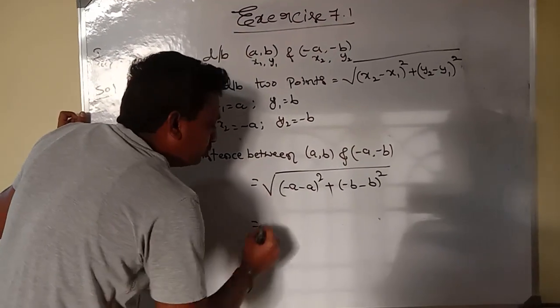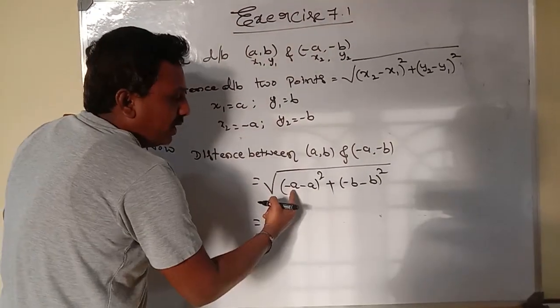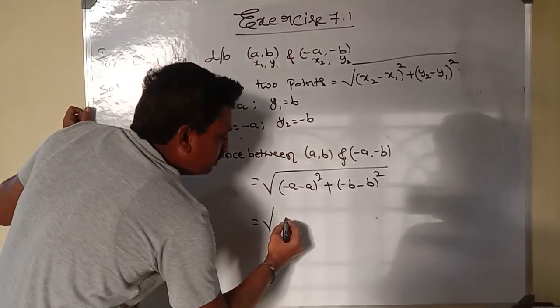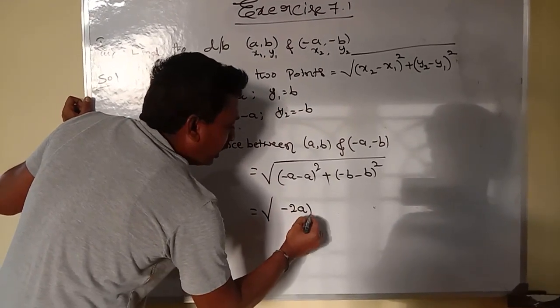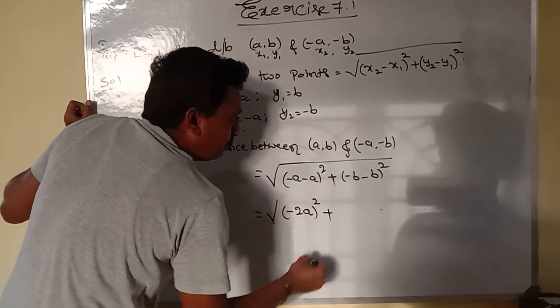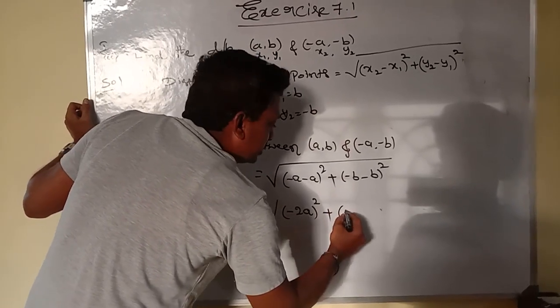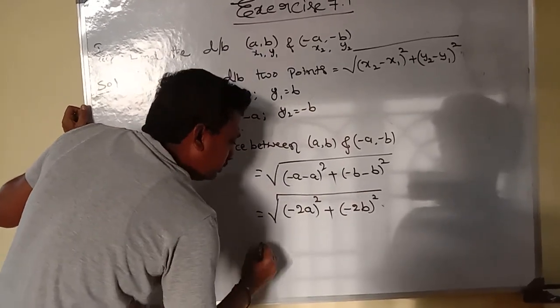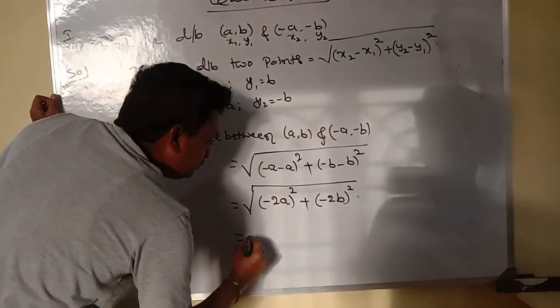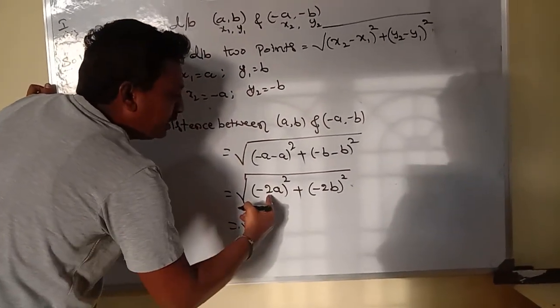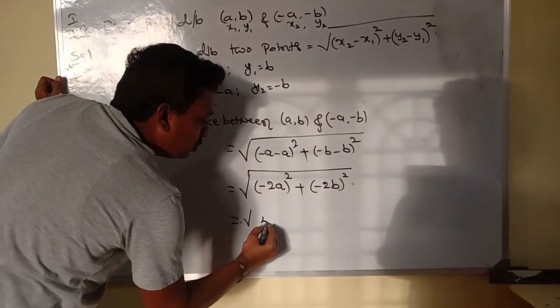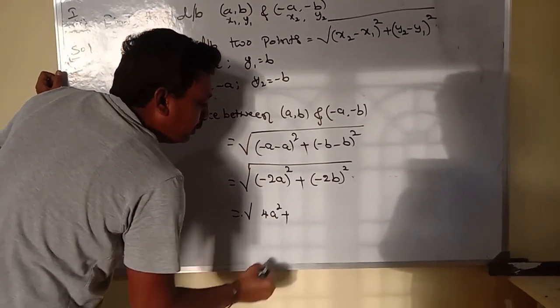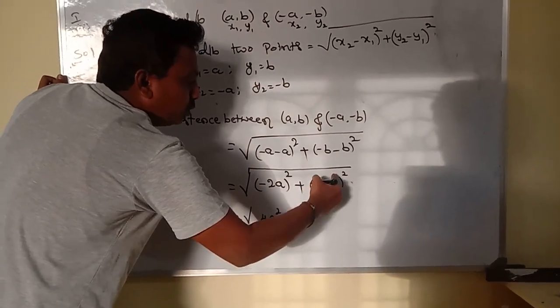That equals the square root of (minus 2a) whole square plus (minus 2b) whole square.